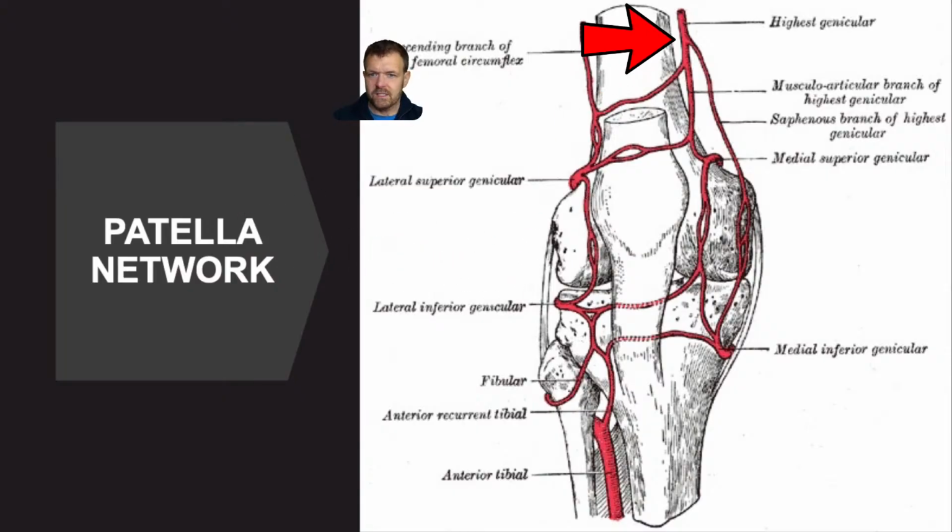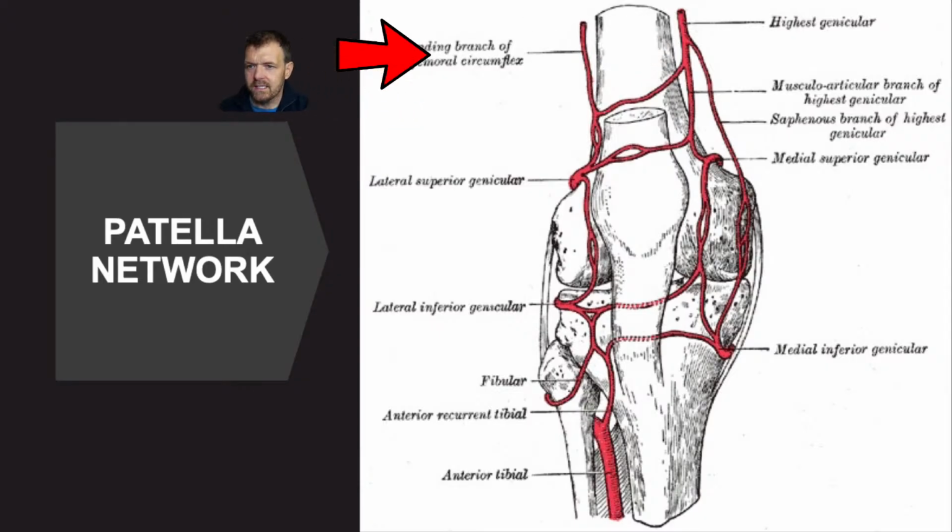And here it is. So as if by magic. So we've got the genicular, which is coming down here. Let me just move me out of the way. Here's the descending branch of the lateral circumflex. So that's what we were just talking about. And you can see how these then start to connect, and we get these connections across and linking up with other vessels.